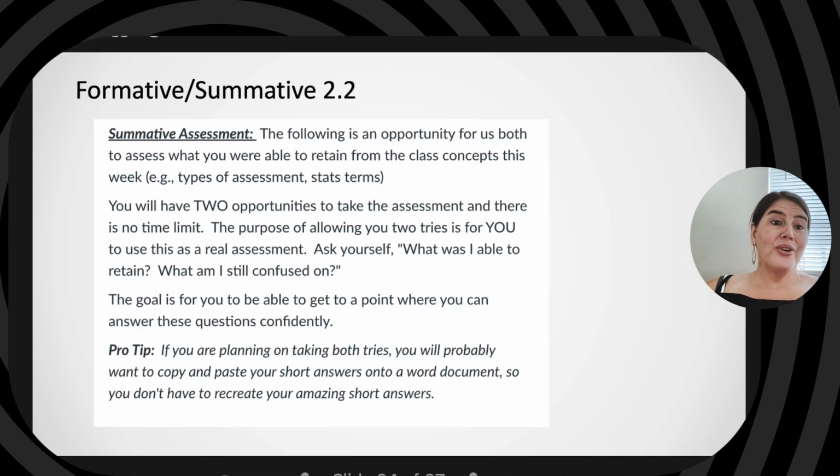So for your formative/summative, I'm letting you take it twice for the sole purpose of allowing you a chance to really self-assess. And if you don't get a question right, then I want you to go back and figure it out. I'm a firm believer that if you aren't given the chance to hit mastery, then are you really going to do it?